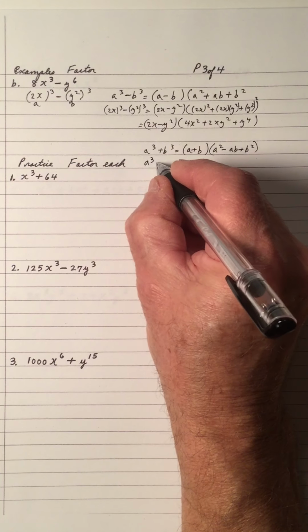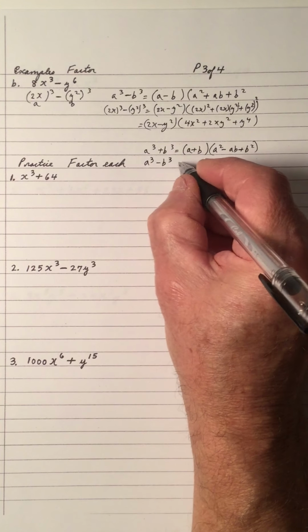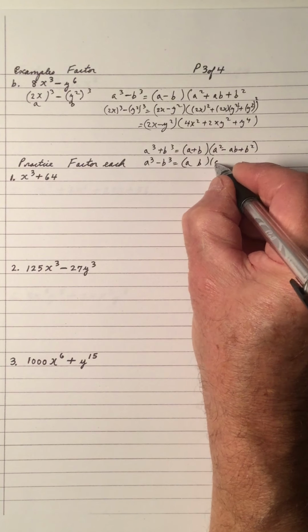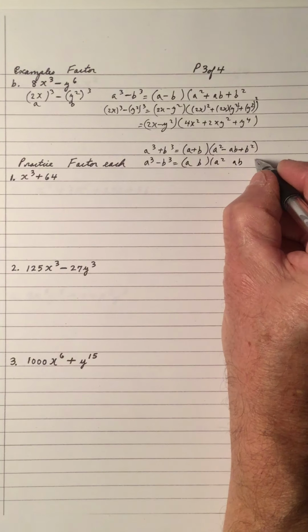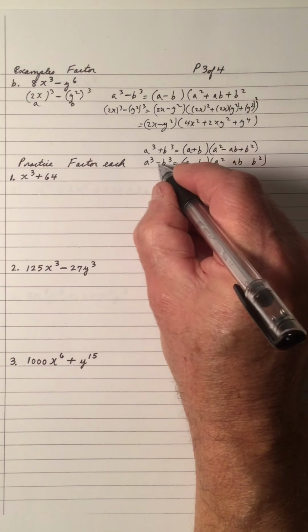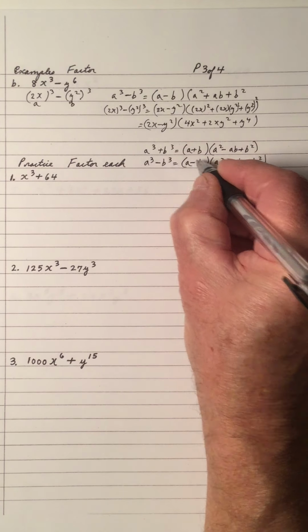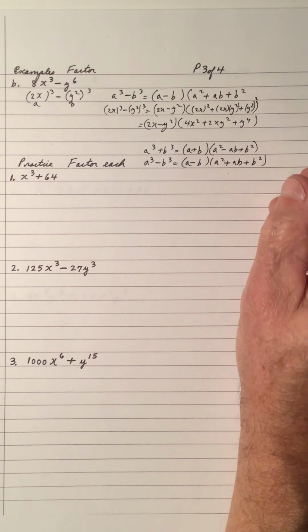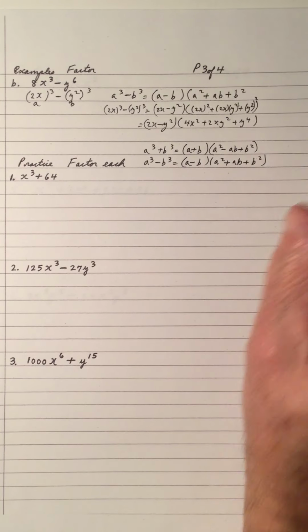If you got a cubed minus b cubed, it's still the same, a squared, ab, b squared, and that's a minus, so the minus goes there. This is opposite, so there's a plus, and there's always a plus on the end. Learn the pattern and you should be okay.